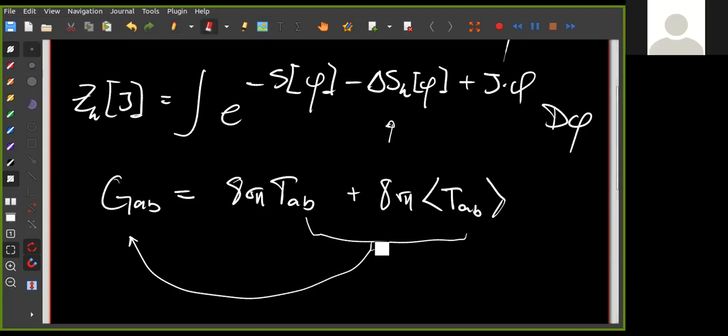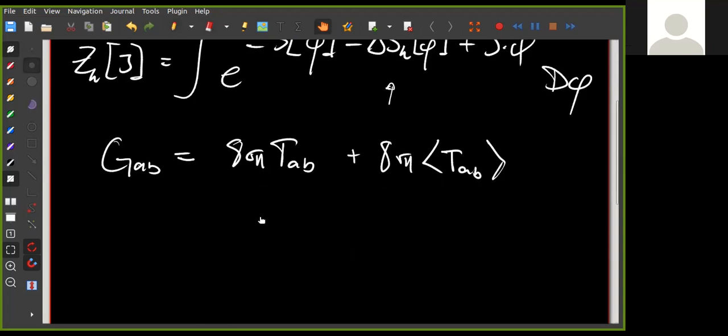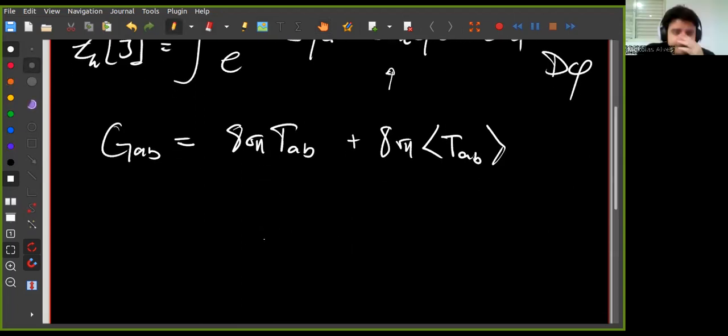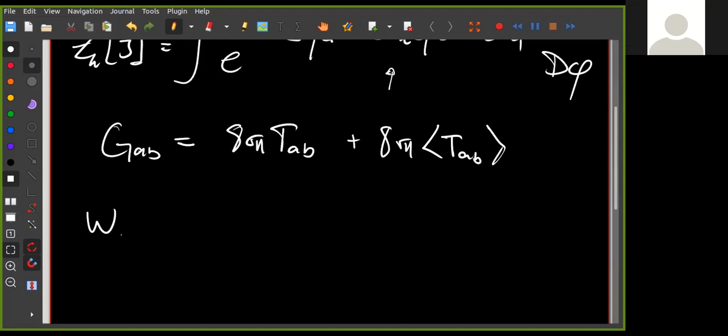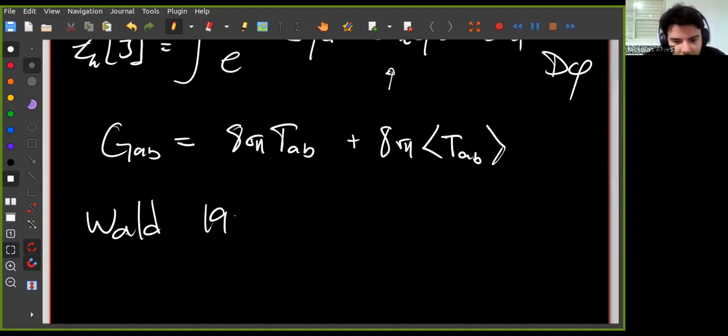I see. You mentioned that we have a good handle on how to deal with the stress tensor. Could you cite which reference you're talking about? It is a little bit mathematical, but I think every discussion of the stress tensor is somewhat mathematical. My recommendation is the book by Wald.